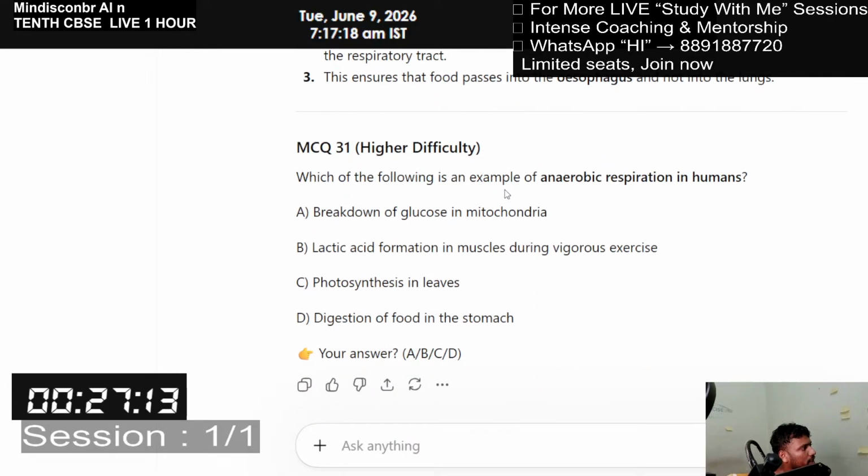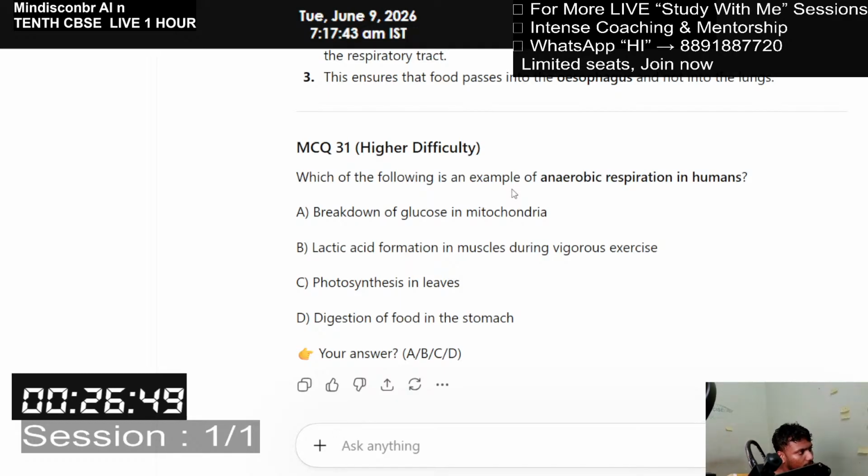Which of the following is an example of anaerobic respiration in humans? Breakdown of glucose in mitochondria, lactic acid fermentation in muscles during vigorous exercise, photosynthesis, digestion of food in stomach.